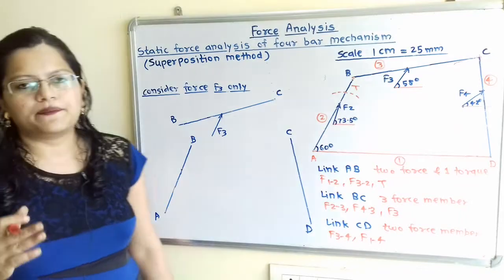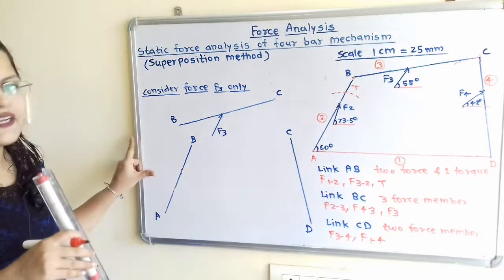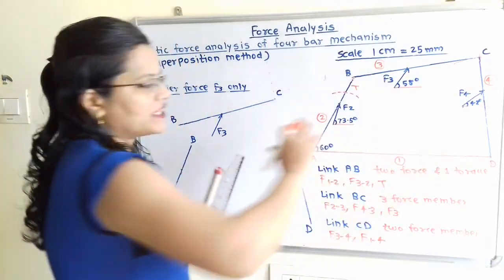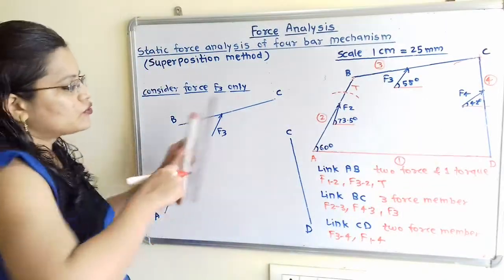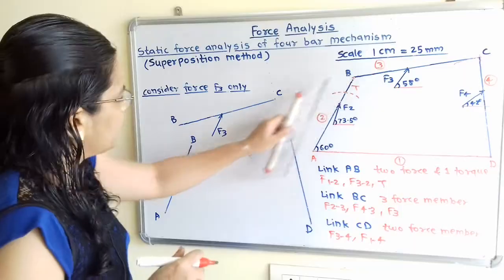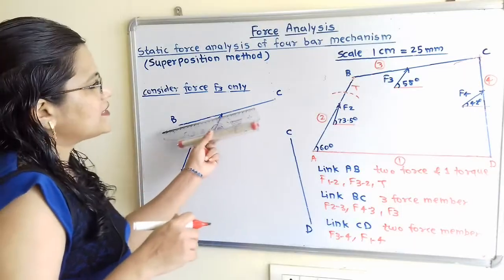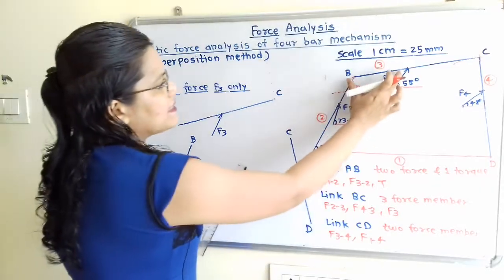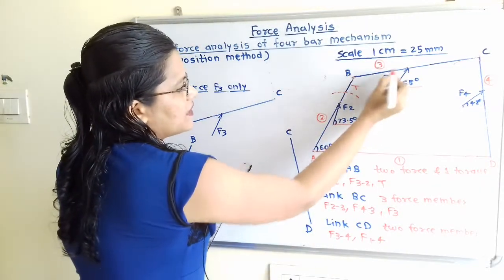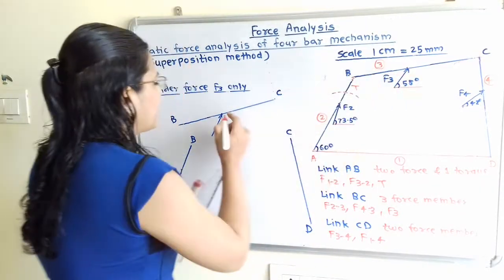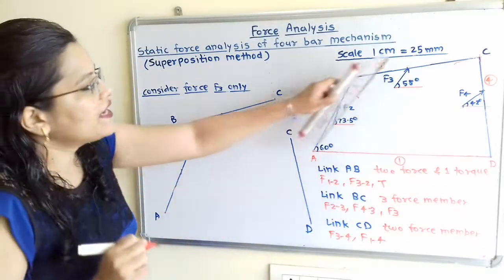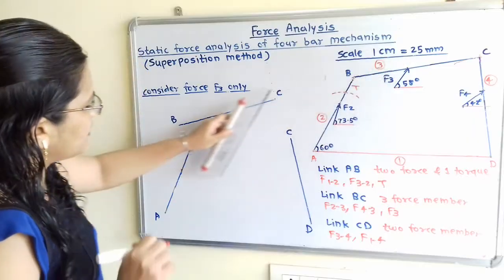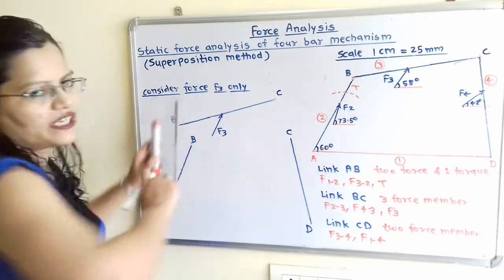Now the next step is to draw the free body diagram. So for the free body diagram, we will take the reference of this 4-bar mechanism. So each link we have to transfer as it is. So this time we have to consider this force F3. So we will take the same distance from this point B, and we will transfer it here, and we will take the parallel line to the force F3, and we will transfer this force F3.